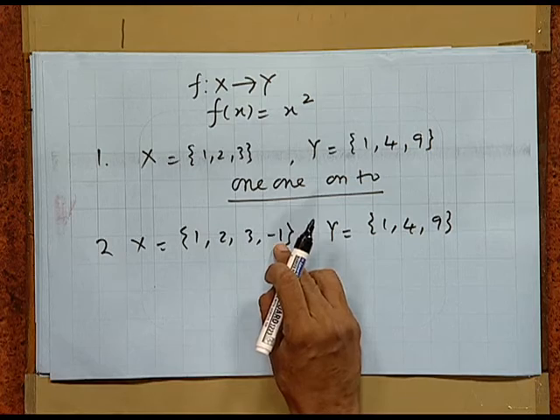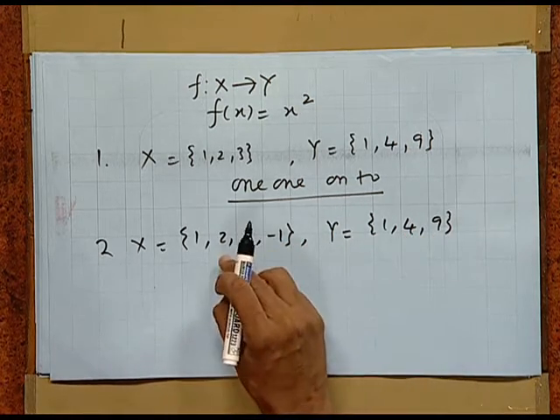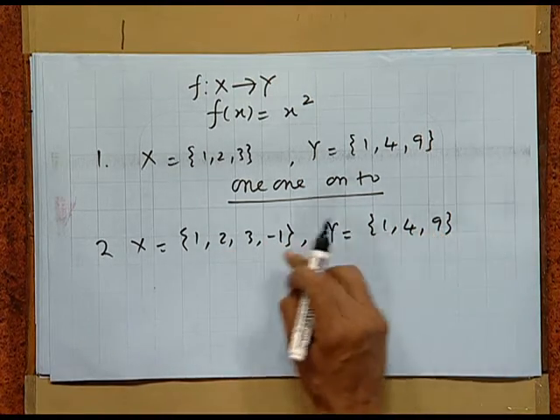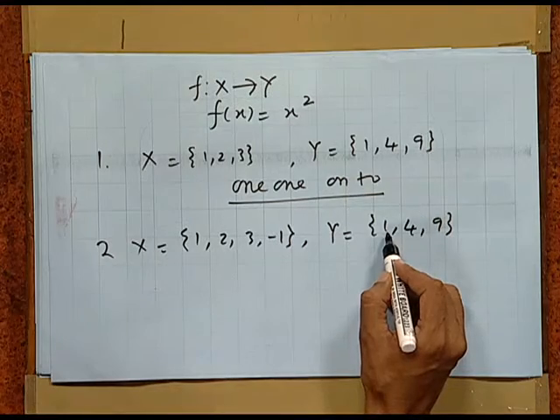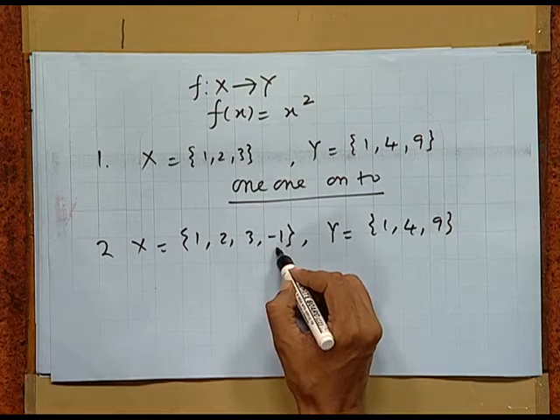Is it onto or into? Well, 1 has pre-image 1 and minus 1, 4 has pre-image just 2, 9 has pre-image 3. So, it is an onto function, because there is no free element left in the codomain. How about 1-1 and many-one? 1 has image 1, also minus 1 has image 1.